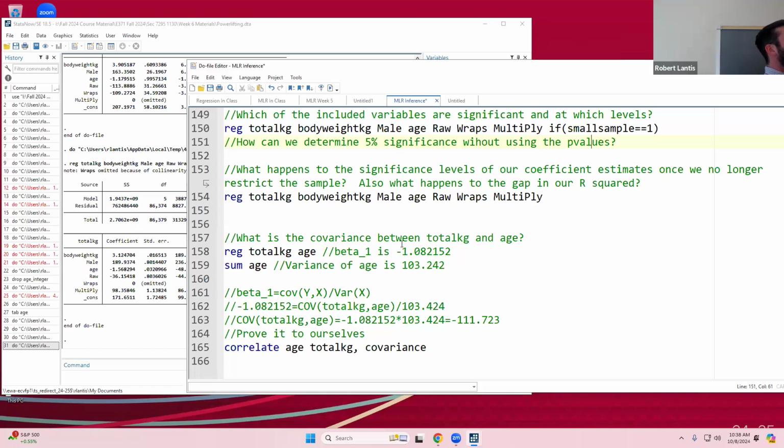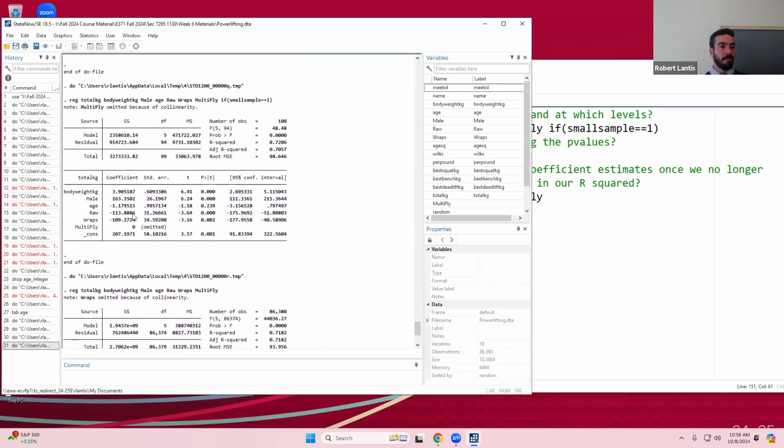No? Yeah. You exclude variables to avoid multicollinearity. How do you determine what the coefficient estimate would be of the excluded variable based on all of the other included variables? Let's go back to this one. We left out multiply.